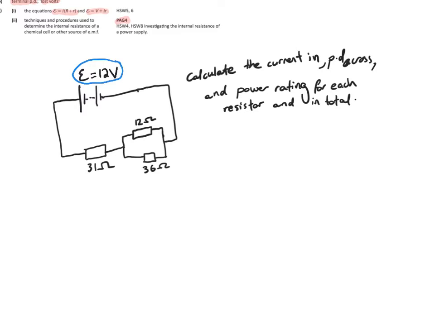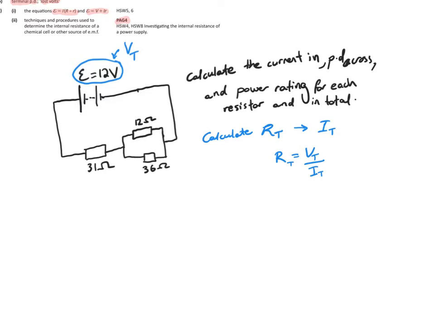I'm given the resistance of each resistor. Since I am given the total energy per unit charge, in other words, the total potential difference that I will have in the circuit, I can also calculate first the total resistance, so I can get the total current coming from the power supply, well, in this case, the battery, using a simple equation which you already know.